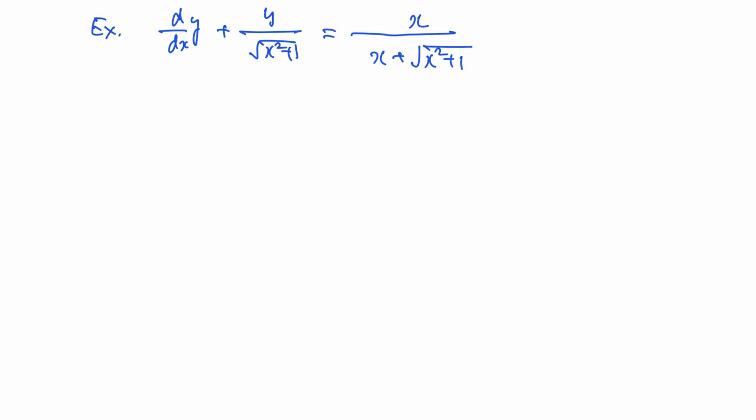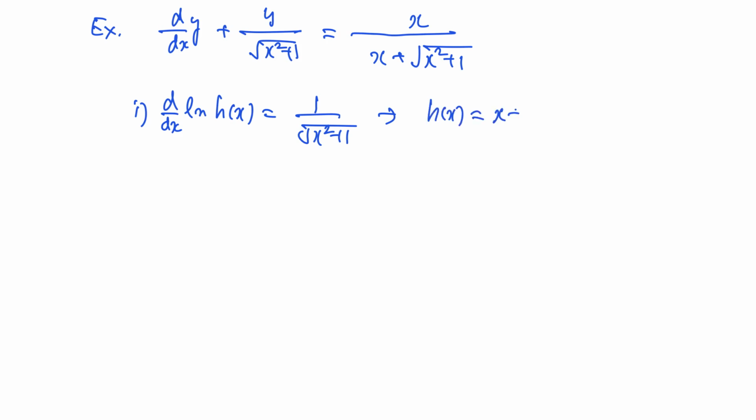Example, dy/dx plus y over the square root of x squared plus 1 is given by x plus square root of x squared plus 1. So step 1, d/dx ln h(x) is 1 over the square root of x squared plus 1. We know that h(x) is already given by x plus square root of x squared plus 1.